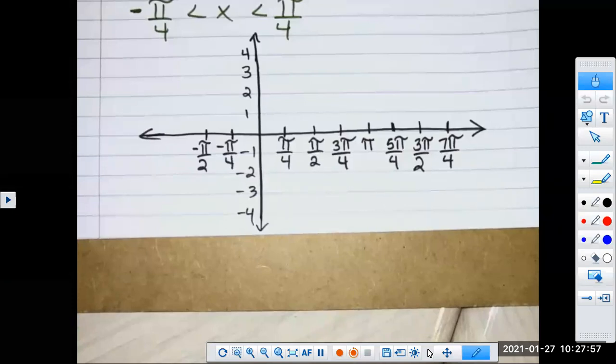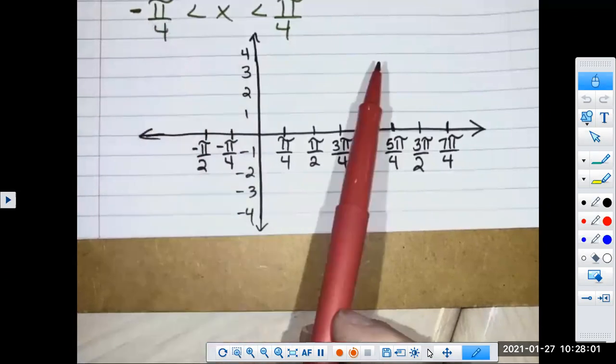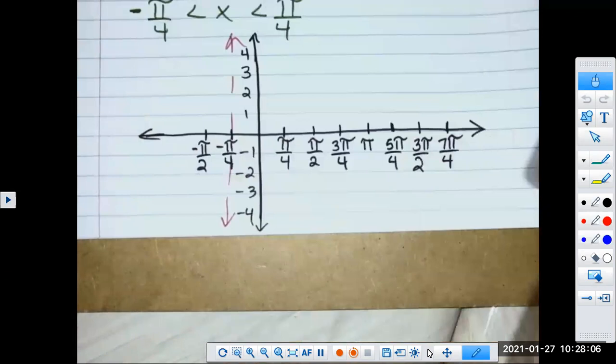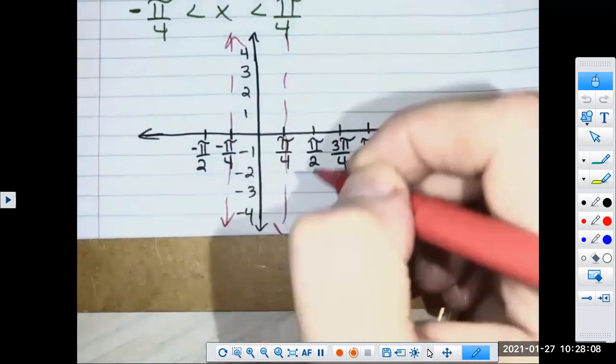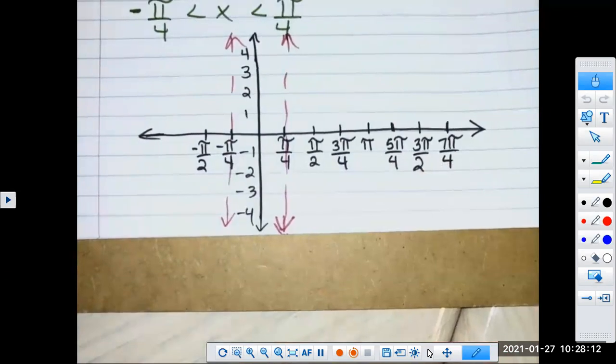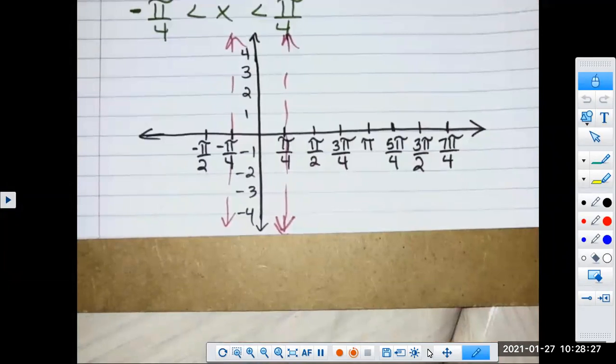Okay, the first thing you're going to do is draw your vertical asymptotes that you just found at negative pi over 4 and positive pi over 4. Then up at the top in the directions, they wanted you to draw a graph, the tangent function out to positive 3 pi over 4.